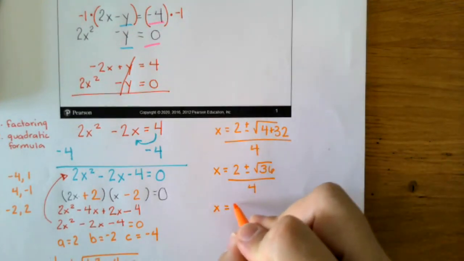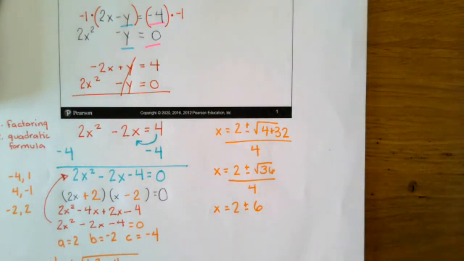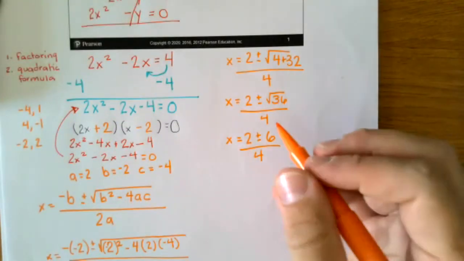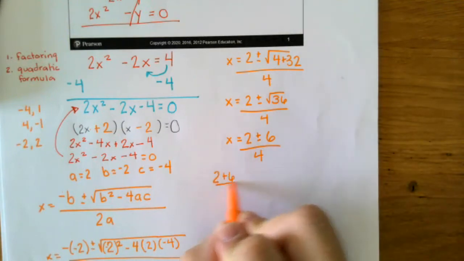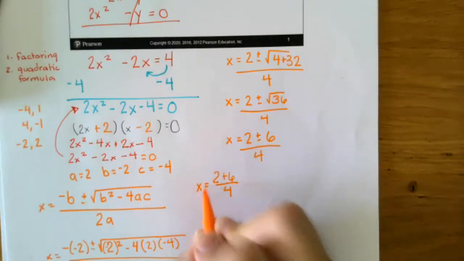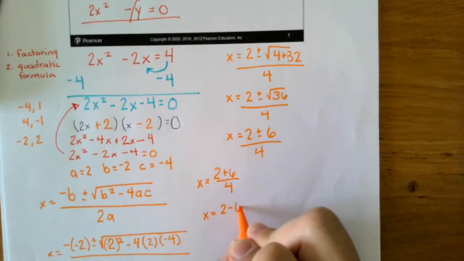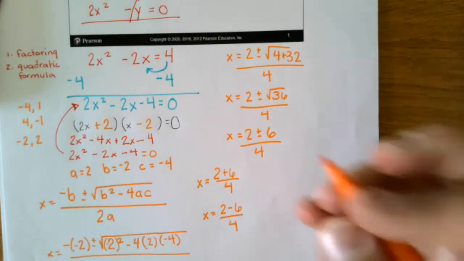The square root of 36 is 6, because 6 times 6 is 36. So that gives us two different answers, right? 2 plus 6 over 4 and 2 minus 6 over 4.